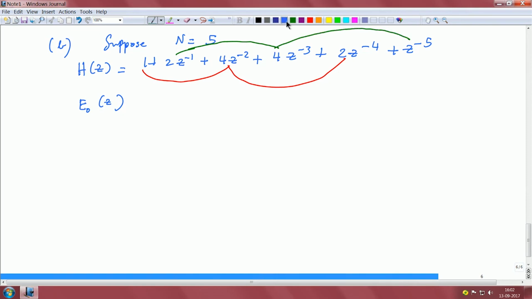Now, E naught of z is basically 1 plus 4 z power minus 1 plus 2 z power minus 2, and E1 of z is basically 2 plus 4 z power minus 1 plus z power minus 2.